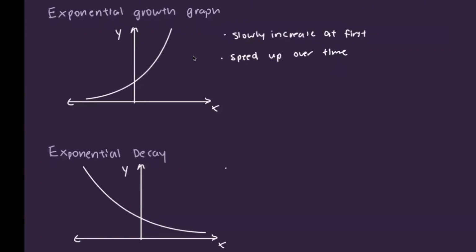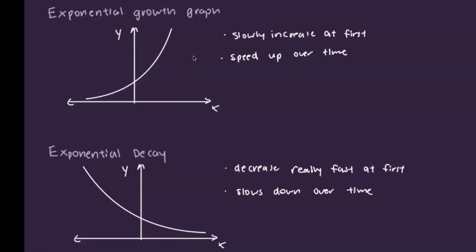And it is the opposite, so it will decrease really fast at first, but it slows down over time. So it is worth memorizing these two graphs since the SAT will test you explicitly on them.